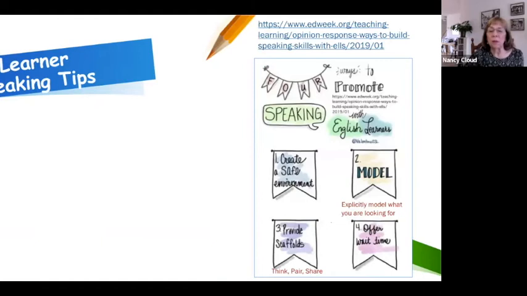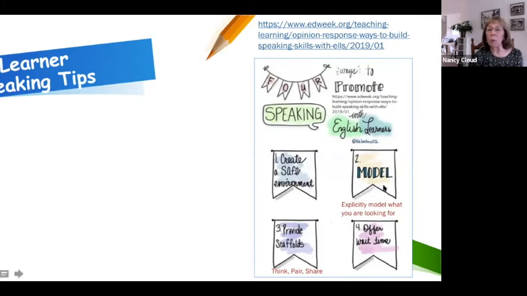One of the things that Valentina Gonzalez points out to us with this graphic is how important it is that we create the conditions for speaking that will help kids feel comfortable to speak. And number one of the conditions is to create a safe environment where everybody's going to be supportive. If I make a try, everybody's going to praise me for trying to get my ideas on the floor.